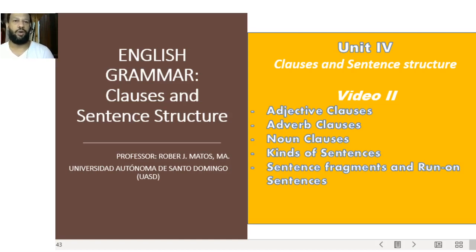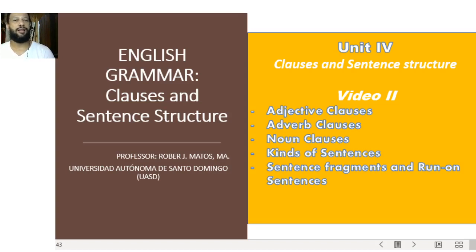So we'll be covering this type of clauses that are adjective clauses. The same thing happens with the verbs and adjectives and adverbs that are modified by adverb clauses, and noun clauses that take the place of a noun, both as a subject or an object.